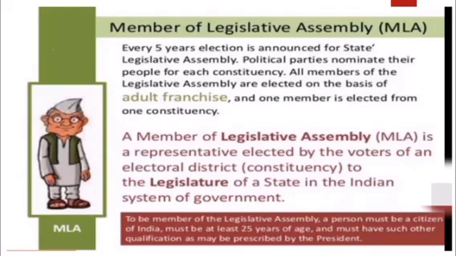A member of legislative assembly, that is MLA, is a representative elected by the voters of an electoral district, which means constituency, to the legislature of a state in the Indian system of government.